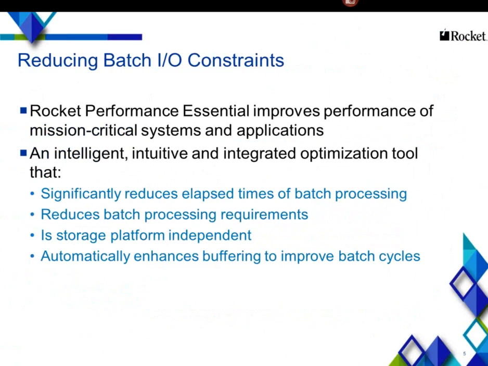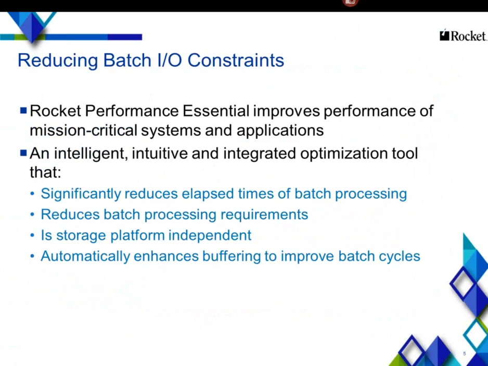For VSAM files accessed directly, Performance Essential allows you to selectively or globally invoke deferred write, DFR, or shared buffer, LSR processing at the system, job, step, catalog, volume, or even the data set level.